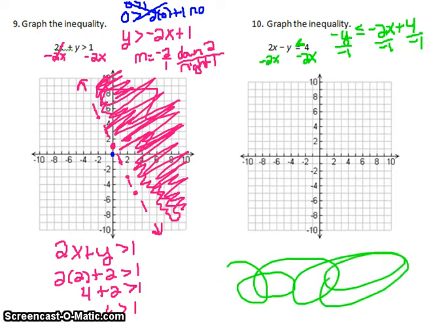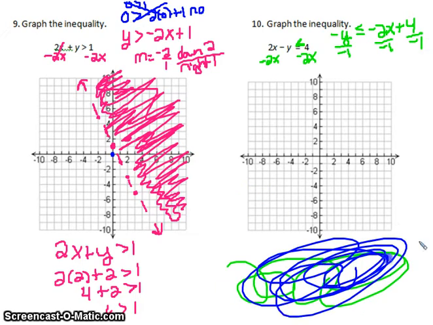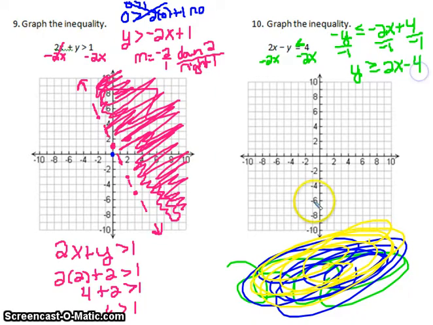We have fireworks, ladies and gentlemen. Very important. When you divide by a negative with any inequality, you're going to have fireworks. So that gives me y is greater than or equal to 2x minus 4.